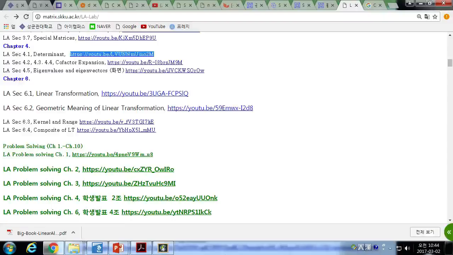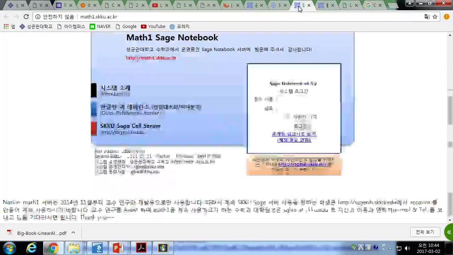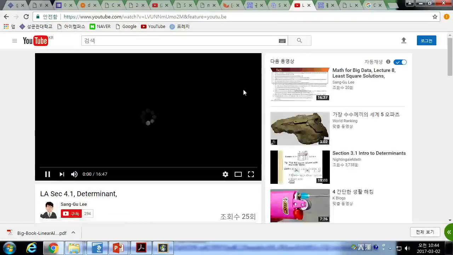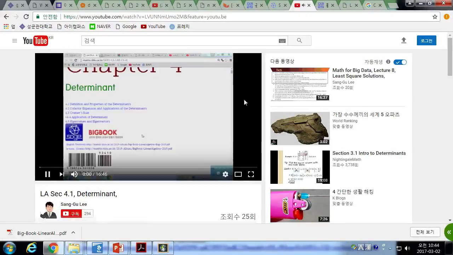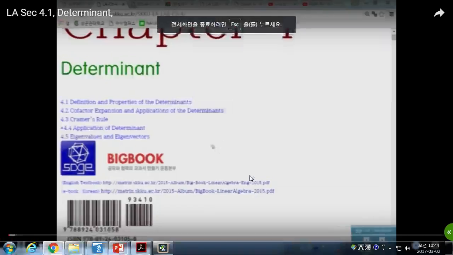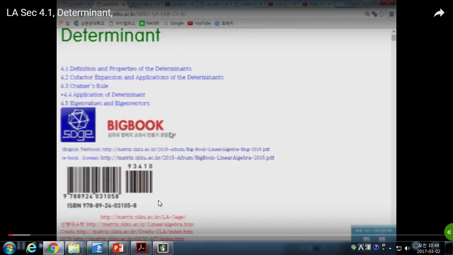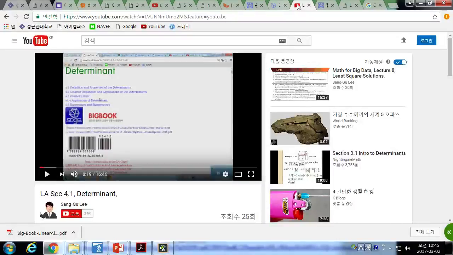So, for example, chapter 4, the definition of the determinant, can be found here, so you wouldn't have any difficulty double checking what you have learned for the concepts that will be covered before and after the class.